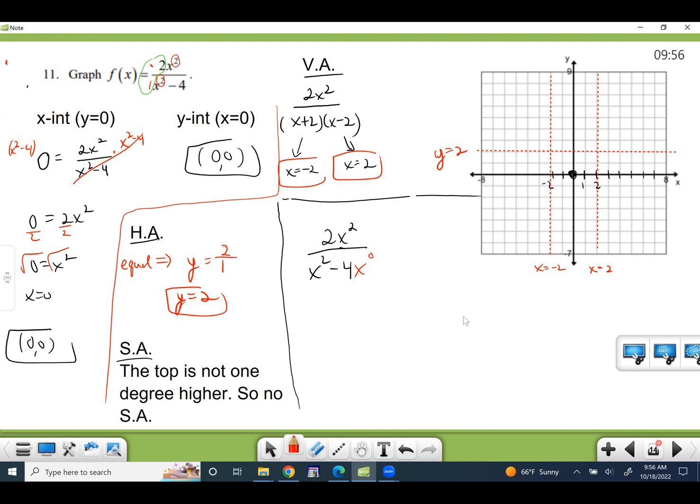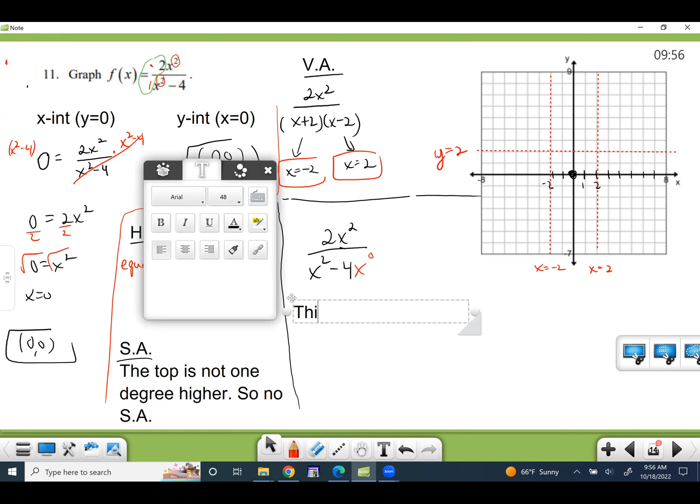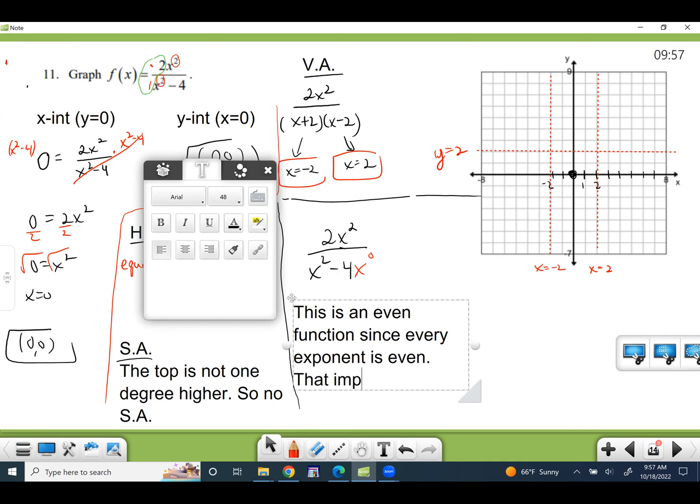So this would be an even function since every exponent is even. So that implies it's symmetric to the y-axis. That was our last chapter, right? You guys, even functions are symmetric to the y-axis.